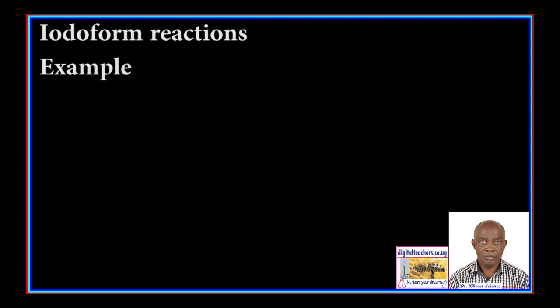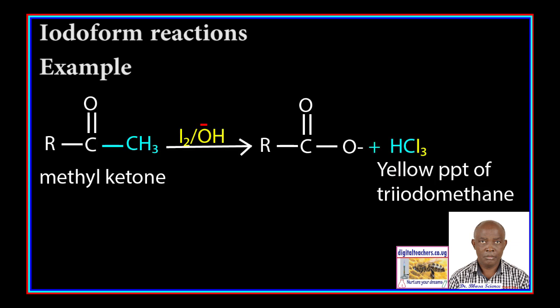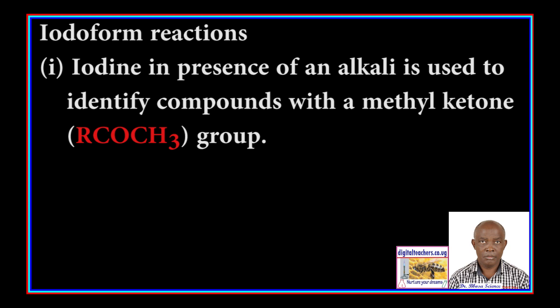For example, a methyl ketone plus iodine in the presence of sodium hydroxide gives a carboxylate salt and a yellow ppt of triiodomethane. Note that iodine in the presence of an alkali is used to identify compounds with a methyl ketone group.